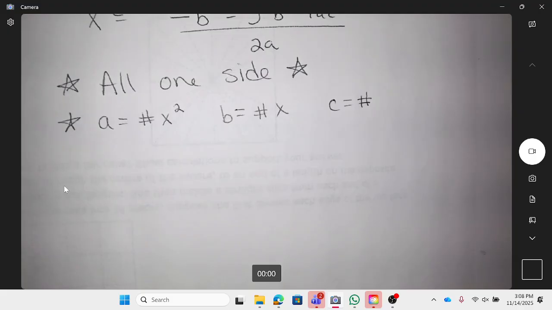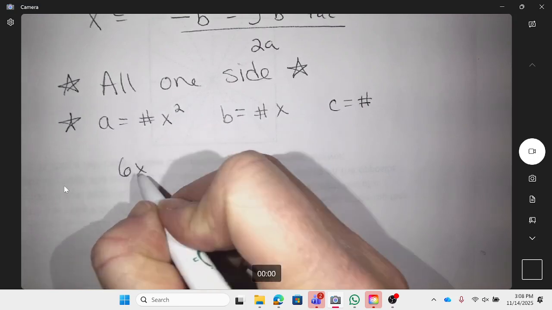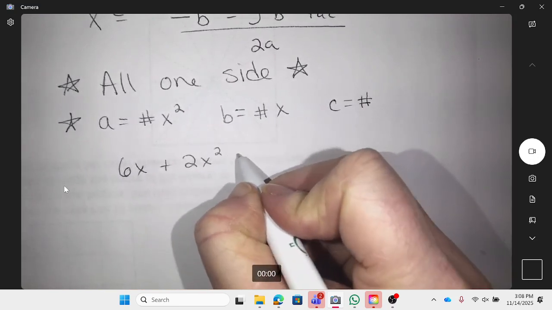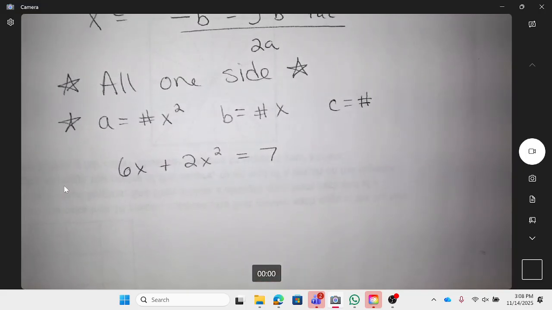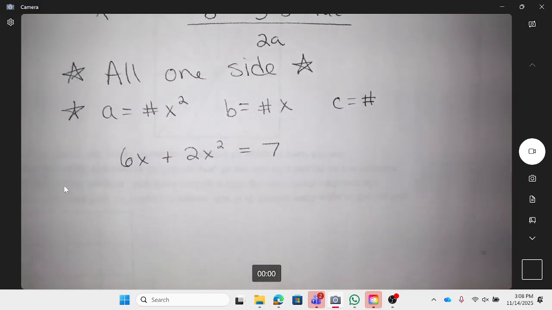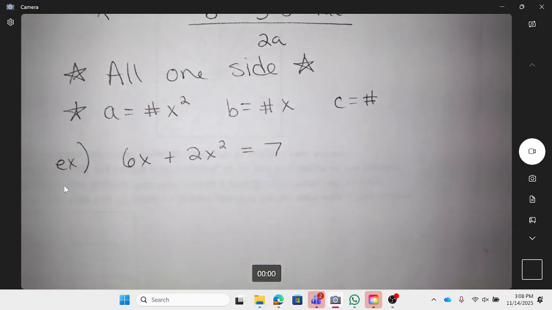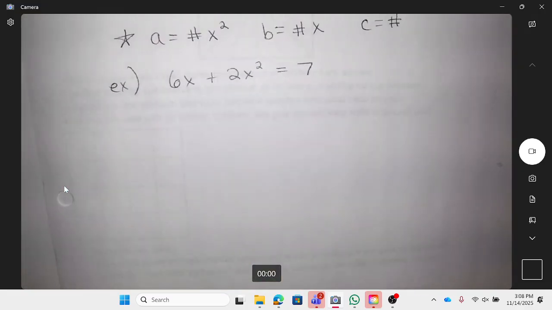Okay? It's not like, hey, what's first, second, or third? That's not what you're doing. So one example, and then on my cheat sheet, and that's what I'm going to do.